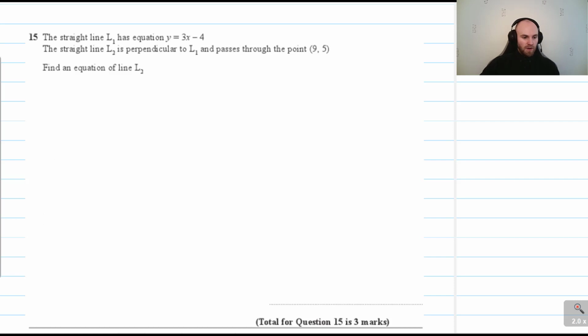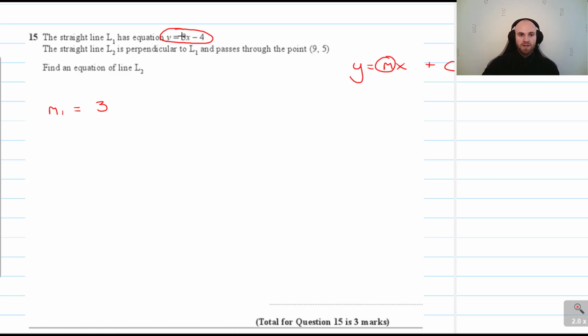We don't know what the gradient of line 2 is yet, but we are given y equals 3x minus 4 for the first line. This is in the form y equals mx plus c, where m is the gradient. So I know that m1 equals 3.